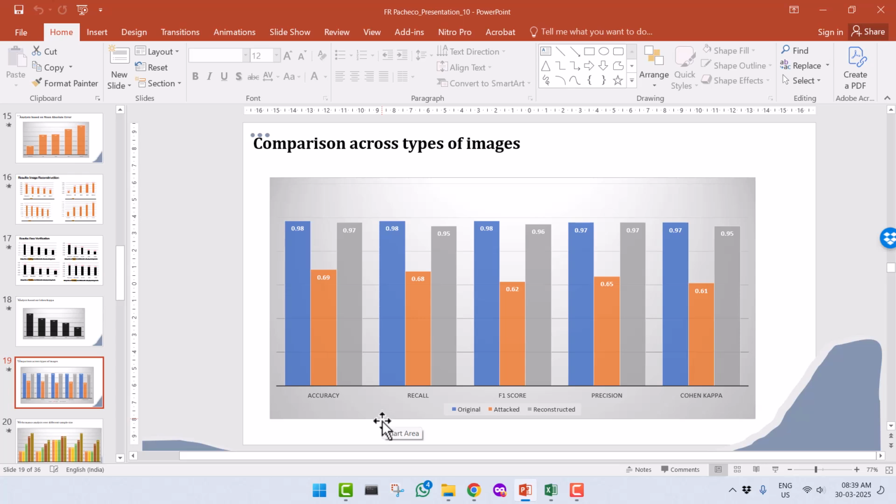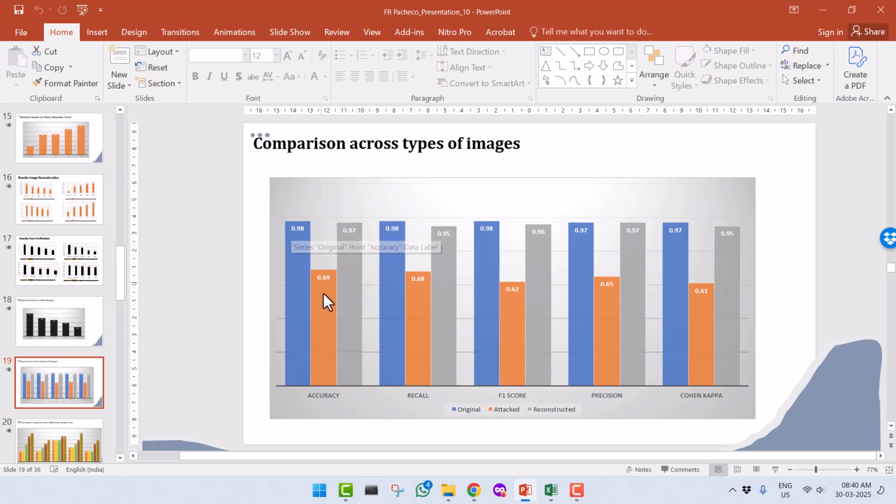To observe that, we have conducted experiments on all three kinds of images. The blue bars represent accuracy on the original image, orange bars indicate accuracy on the attacked image, and gray bars indicate performance on the reconstructed image. We have analyzed this against all five classification measures: accuracy, recall, F1 score, precision, and Cohen-Kappa.